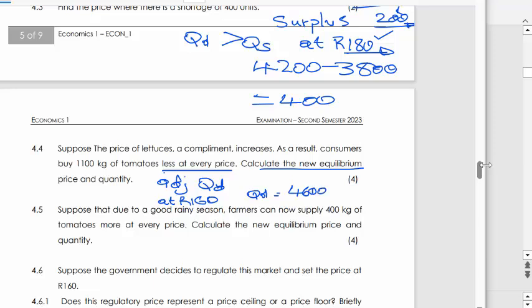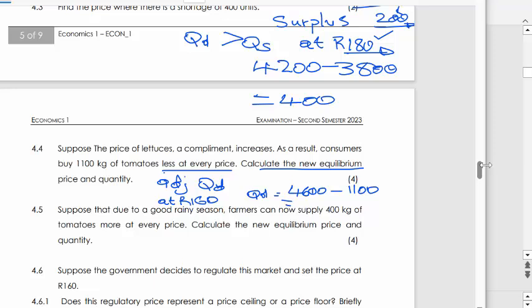Right? And if you minus the 1,100 kgs of tomatoes less, meaning as a result consumers buy 1,100 less, you find that you are left with 3.5.